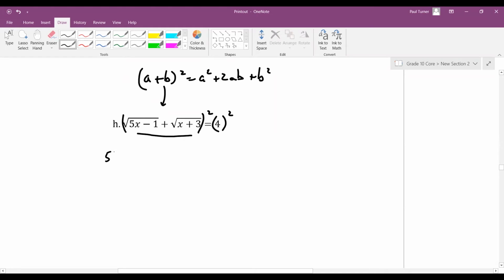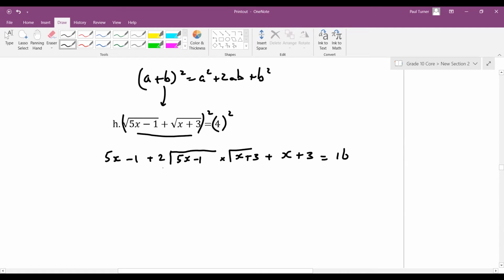So that would be 5x minus 1 plus 2ab. So 5x minus 1 times x plus 3. So this is your 2ab plus b squared. So when you square that square root, you'll just have x plus 3 equals 16 on that side.